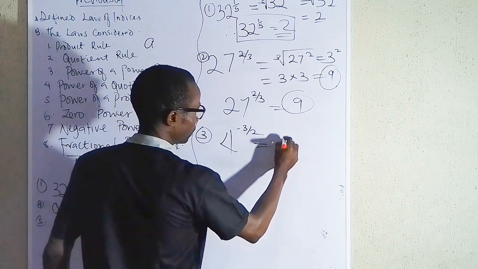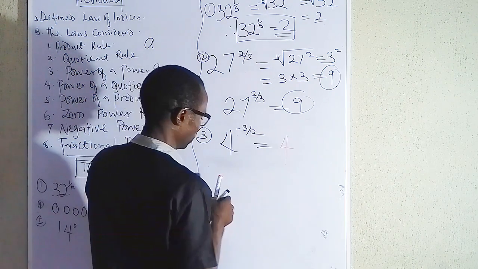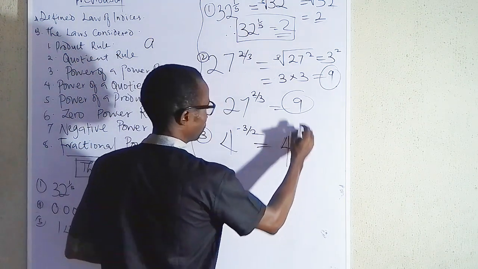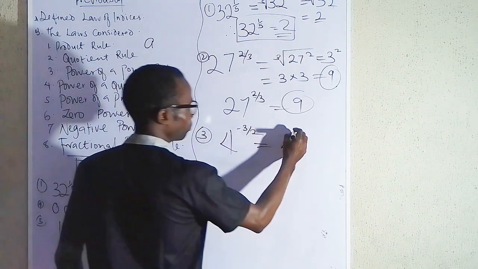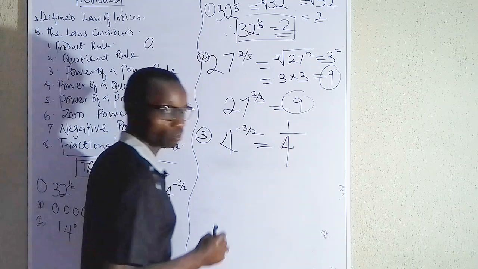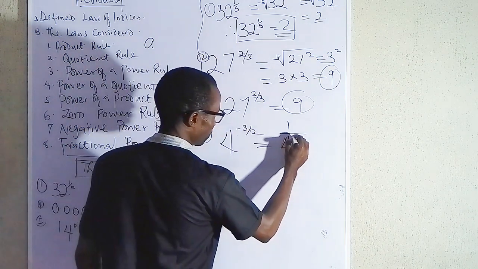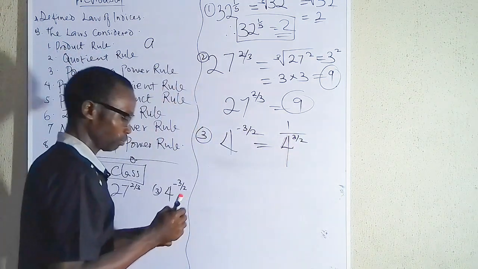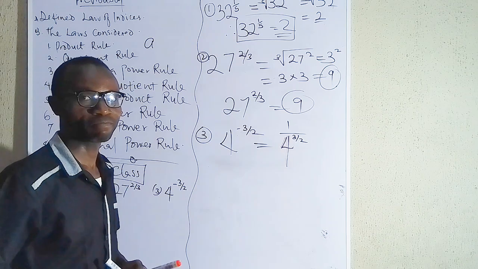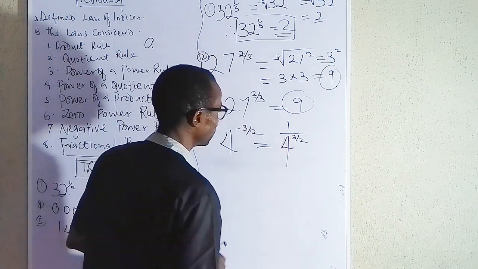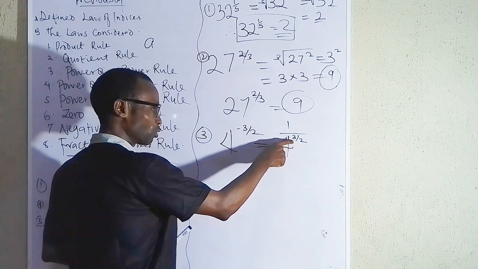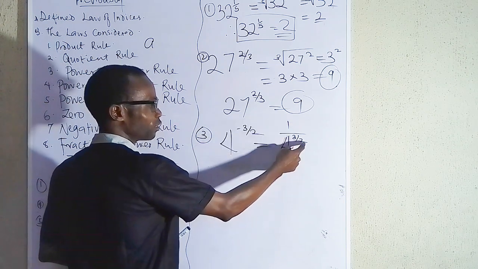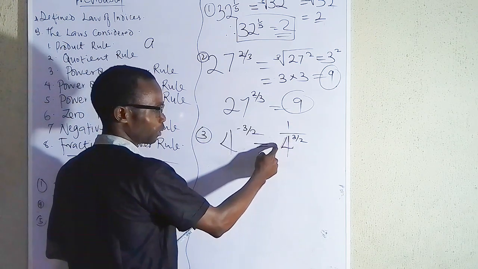Please understand. 4 raised to the power. The minus sign is reciprocal, meaning it's going to be 1 over 4. And the power will now remain 3 over 2. That's how it's going to be. Now, if we go on, remember the rule still states that the numerator will form the power, while the denominator will form the roots.